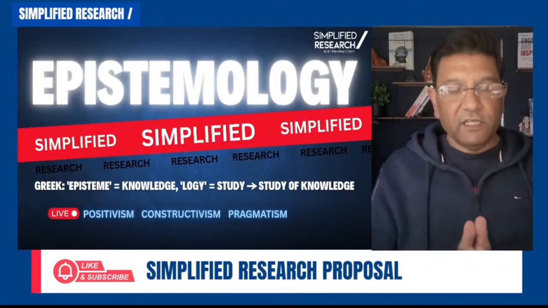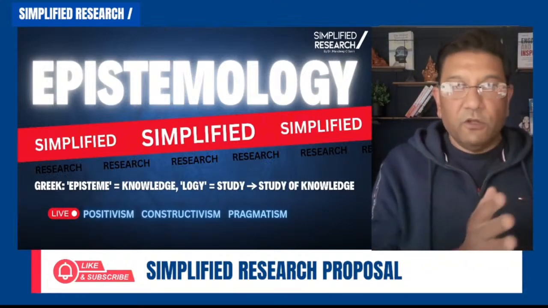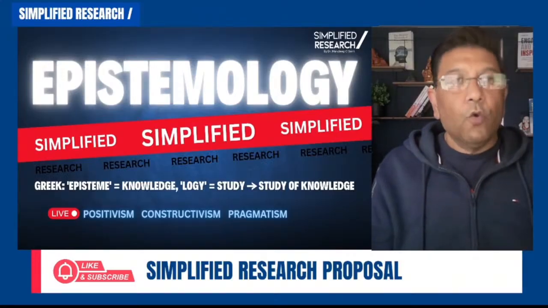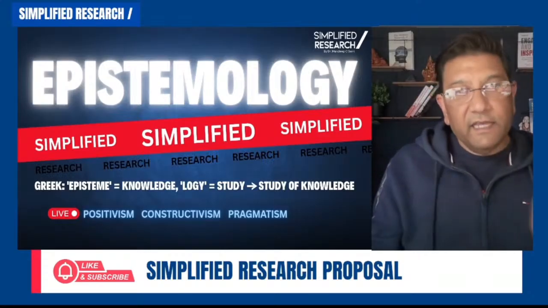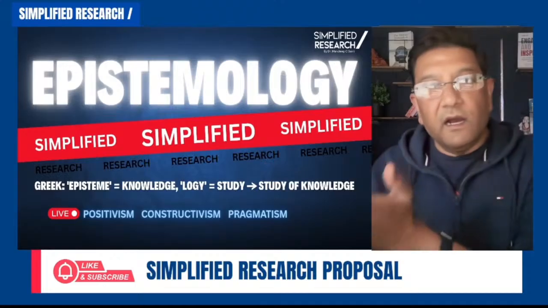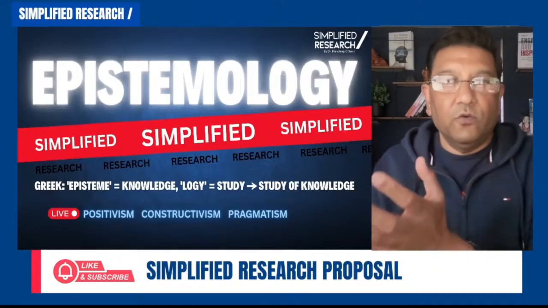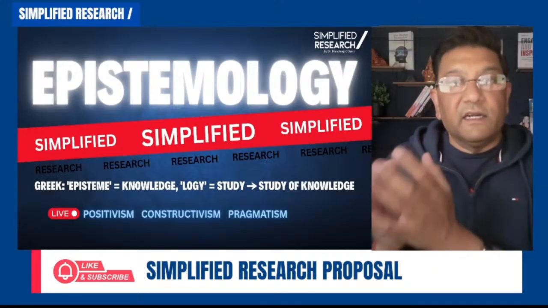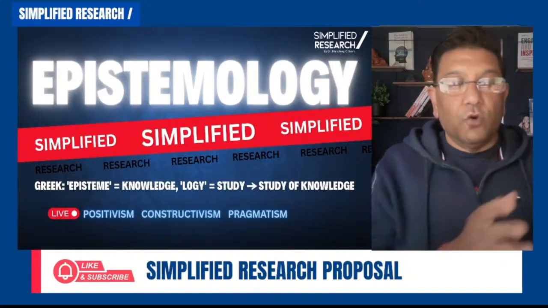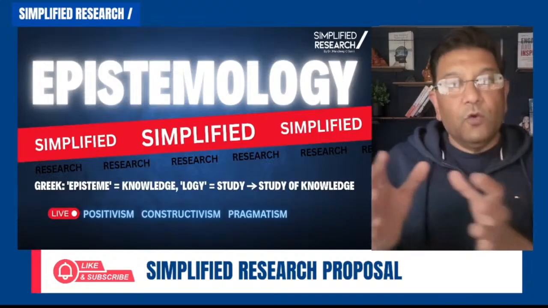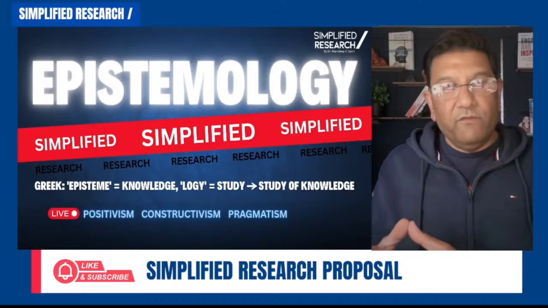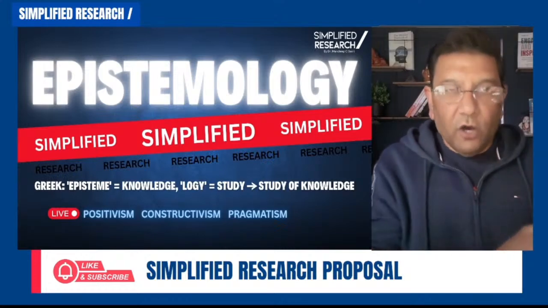So we can also say positivism is more about the numbers, which is quantitative, and at the same time constructivism is more about the data, the people who are going to give their understanding, their knowledge, which is the qualitative data. So quantitative for positivism, qualitative for constructivism, the same as what we have in ontology.